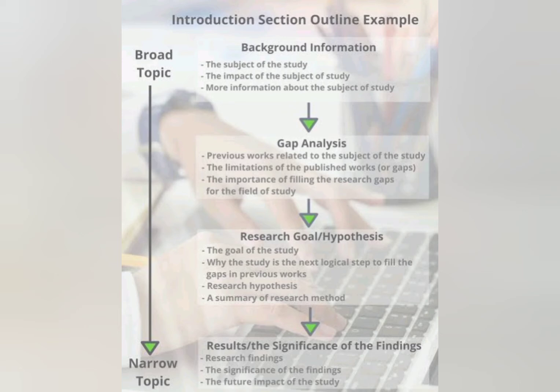So the first paragraph of your introduction would be the background information. It includes the subject of the study, the impact of the subject of the study, and more information about the subject of the study. Most commonly, the background information is what we call the global idea of what your problem is all about.